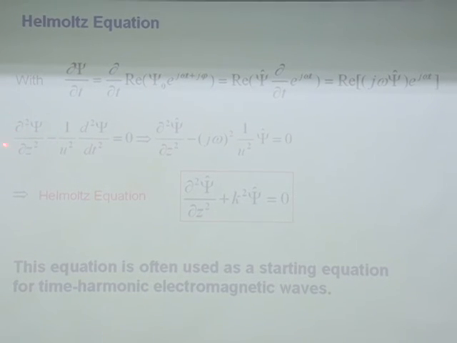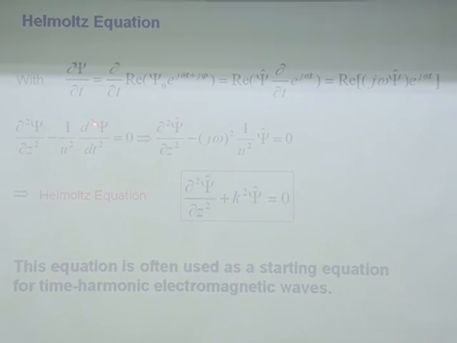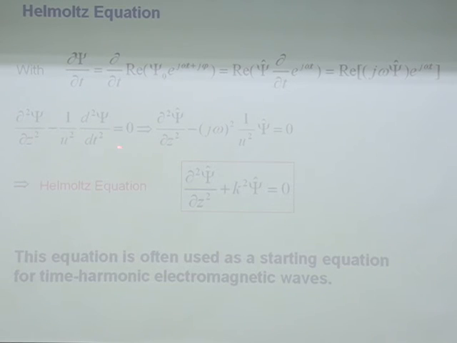OK, so for this real world amplitude wave equation, this psi is a real number. Okay, want to create an expression that only deal with the Phasor. So in this expression, you have double derivative of psi with respect to time 2 times.